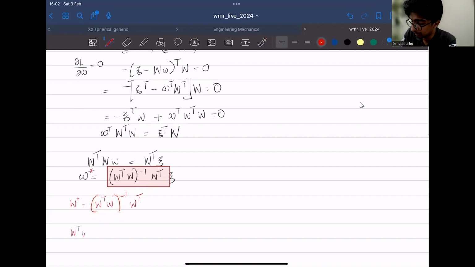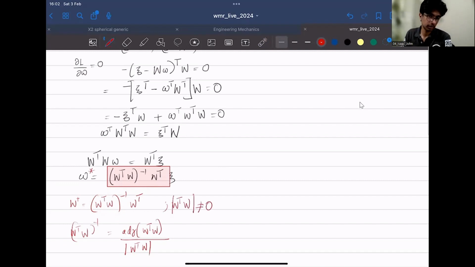W transpose W whole inverse is nothing but the adjoint of W transpose W divided by the determinant of W transpose W. So the determinant of W transpose W should not be zero. If that is zero, then the left pseudo inverse will not exist.